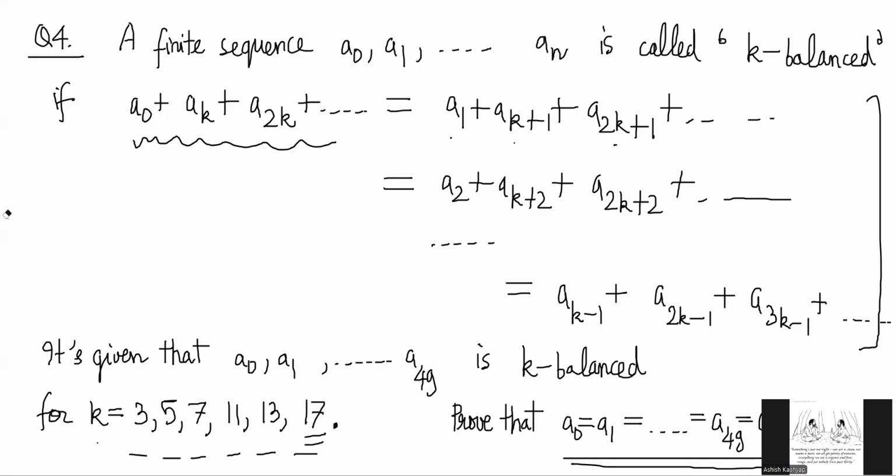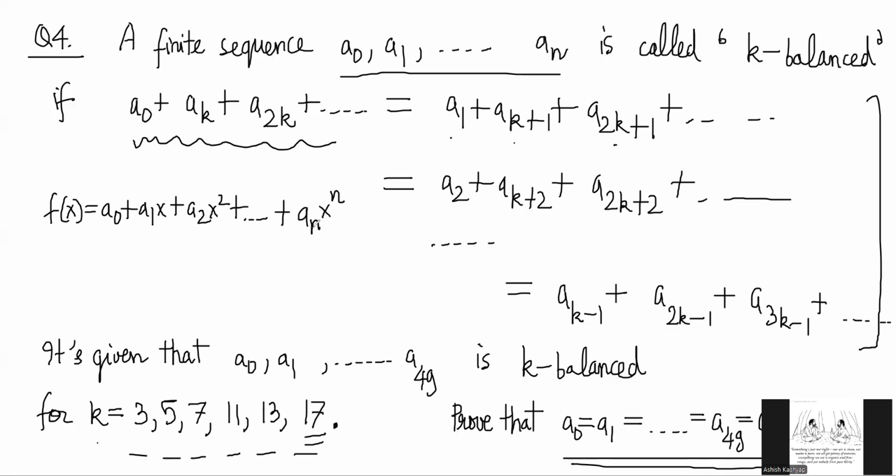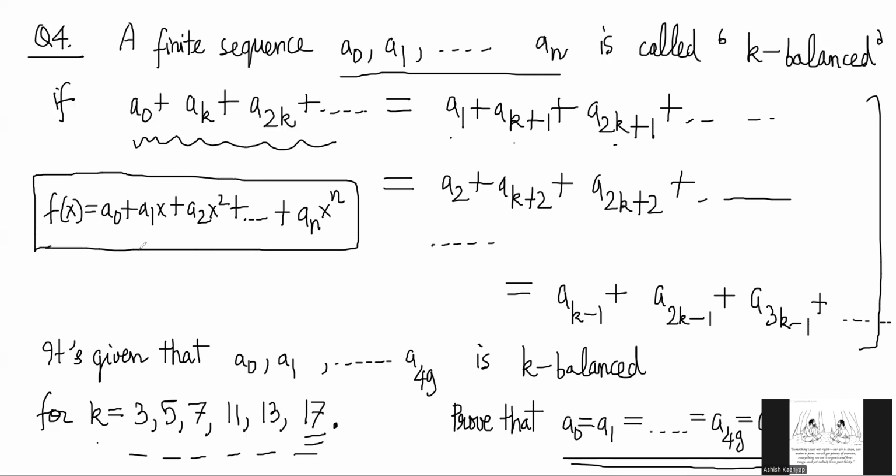For example, I can make a polynomial f of x is equal to A0 plus A1x plus A2x squared and so on. This is known as the generating polynomial for that sequence. Obviously, this polynomial has degree n, and the terms of the sequence are the coefficients of this polynomial.